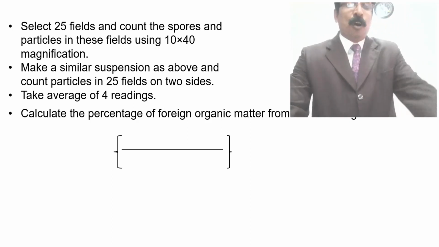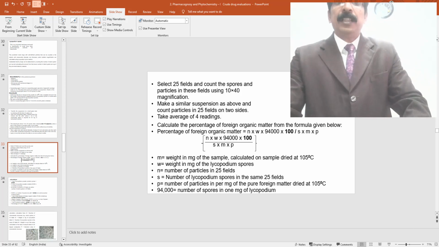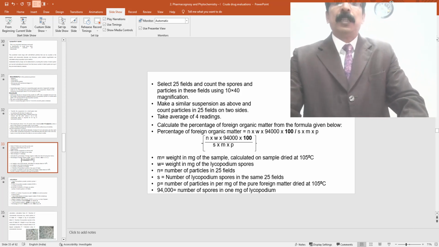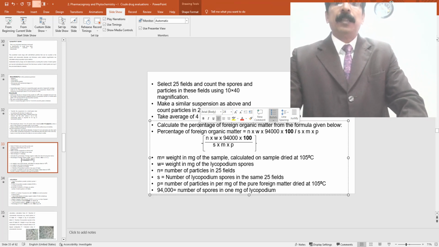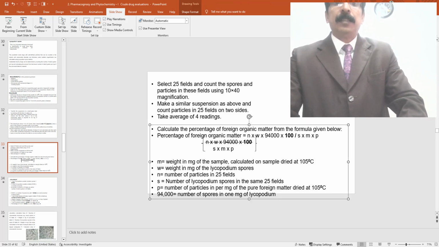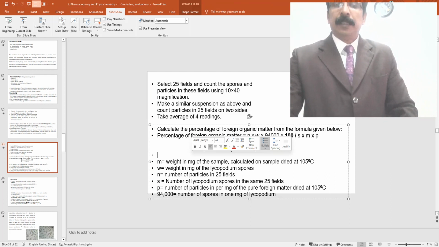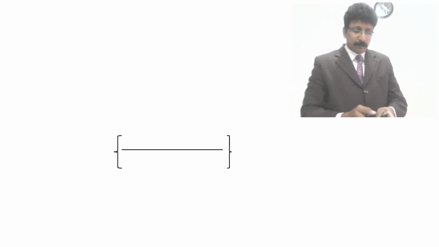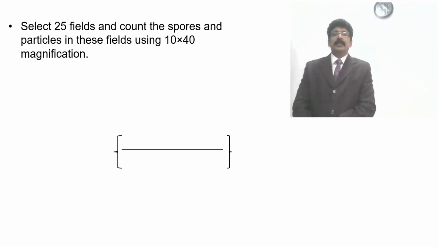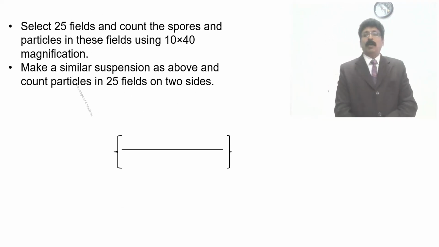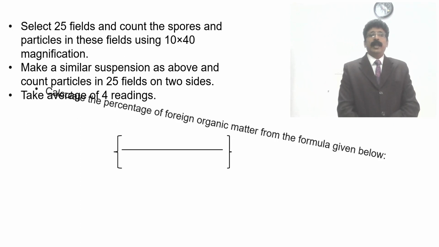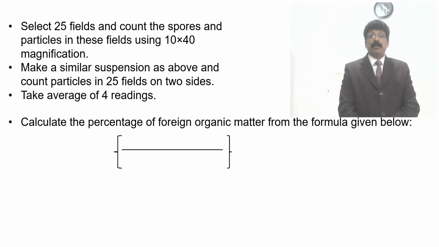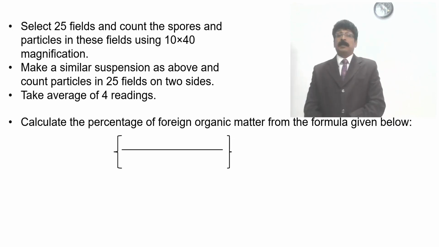So here you see this one, I will just pull it down a little so that you can see here. Now it is possible for you to see. Here we have to calculate the foreign matter present using the formula given below.